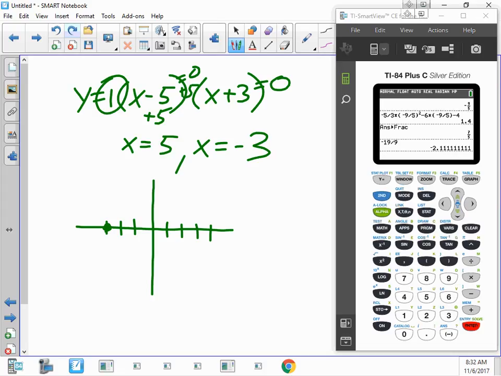All you need to do is figure out where is the axis of symmetry. Where is the line that cuts the parabola in half? Any idea where that's going to be? X equals... How would you find it?